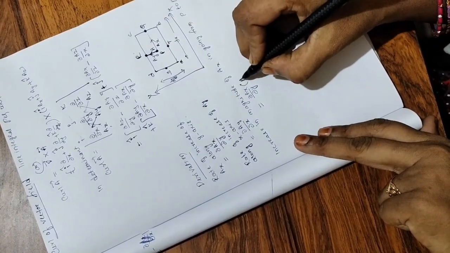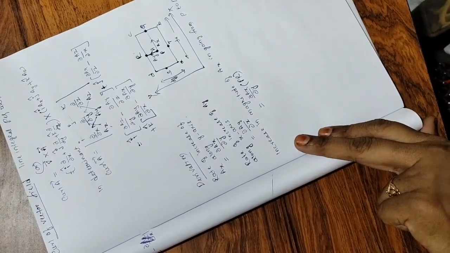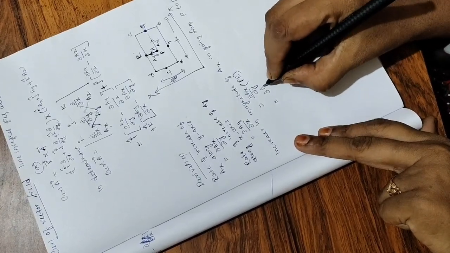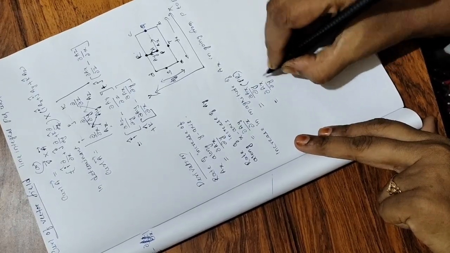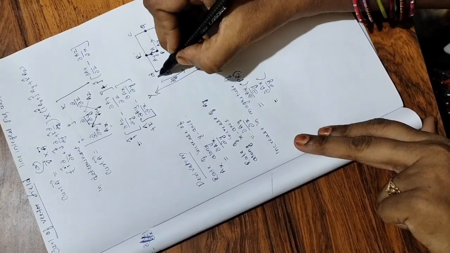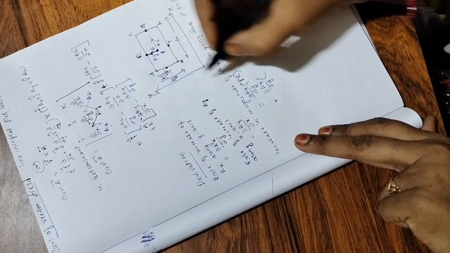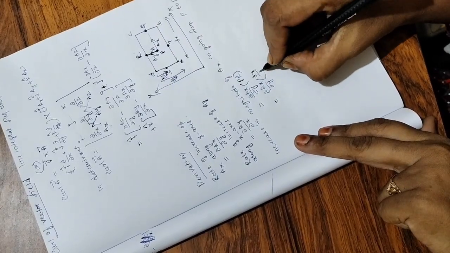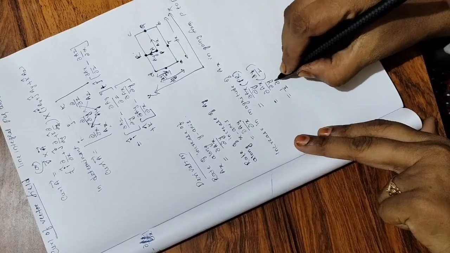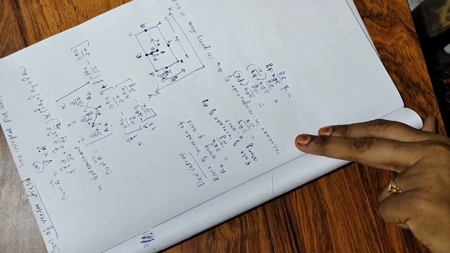What is the distance? The total distance is dy, so P to R will be dy by 2. So this can be written as one by two dou Ax by dou y dy.